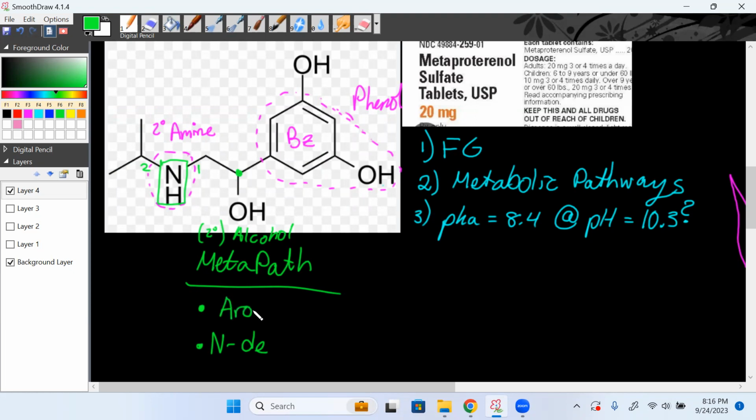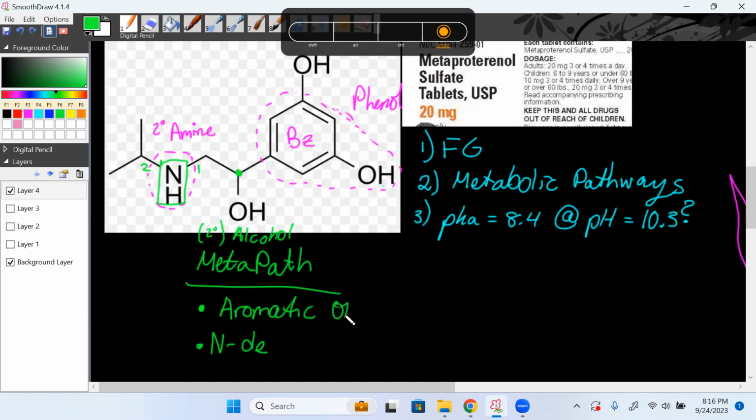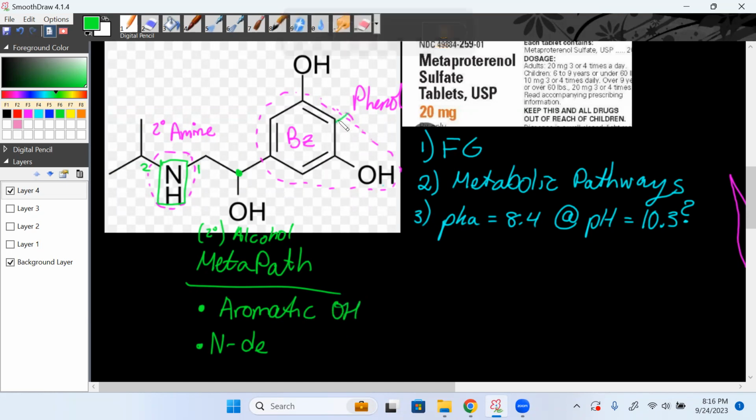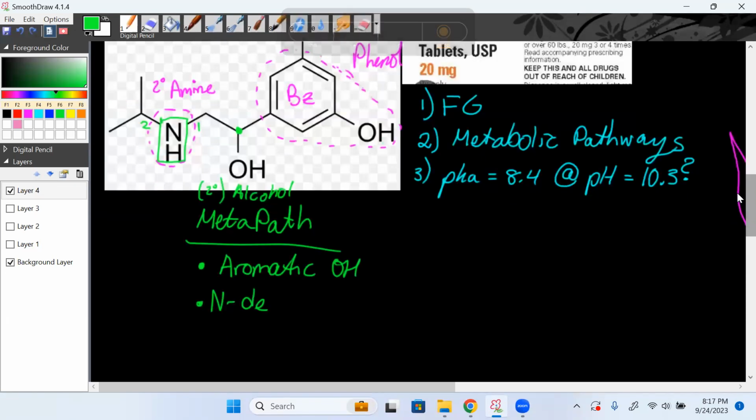There is a possibility of aromatic hydroxylation, primarily because we have this open para position, right? That would be a very good indication that we could do aromatic hydroxylation. Would we necessarily expect it to do it? Maybe not, because there are already some OHs on there, but it is definitely a valid pathway.